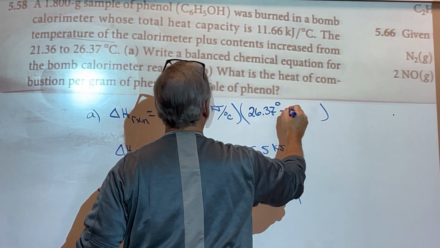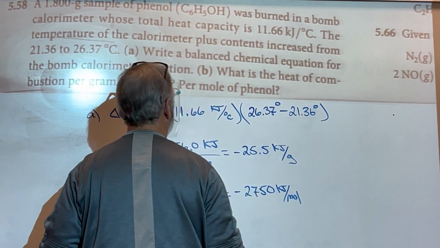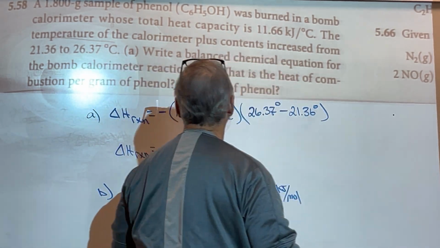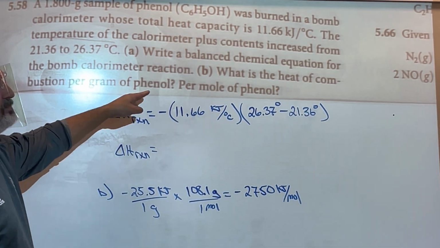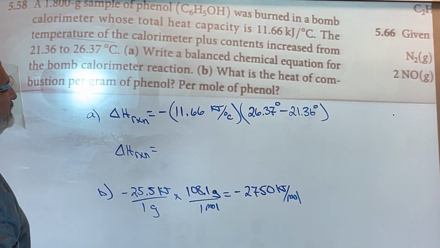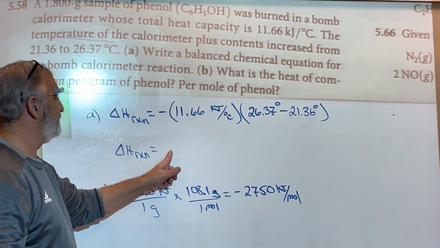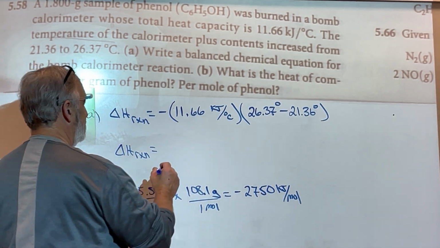So it's 26.37 degrees minus 21.36 degrees. So that's going to end up equaling, we want per gram and per mole again, and we'll come back and write the balanced equation. That's not what we're really looking at here. But what do we get for this value? 58.4.